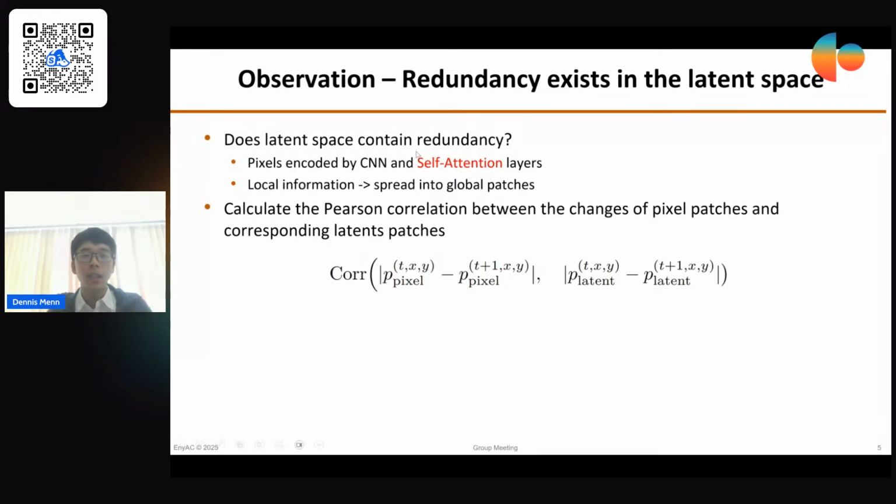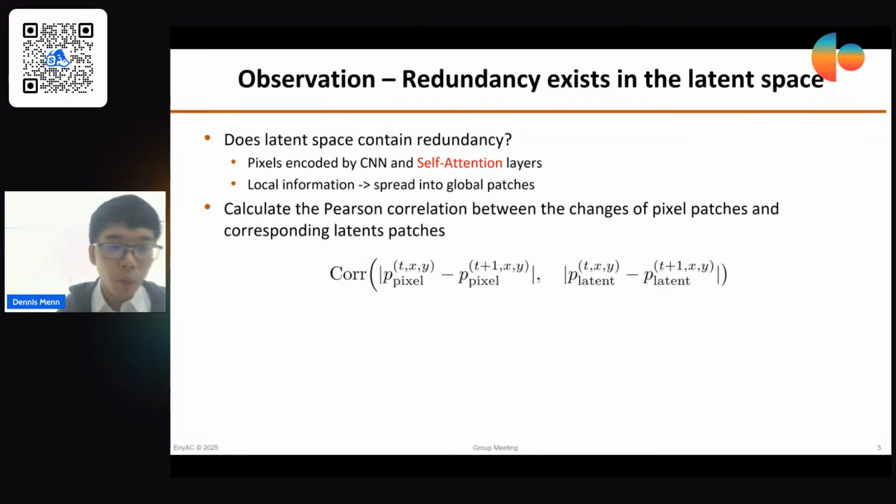Because it passes through self-attention layers, it becomes not so straightforward whether the local information still resides in the local patches, or spreads to the entire set of global patches, because self-attention calculates attention throughout the entire input.